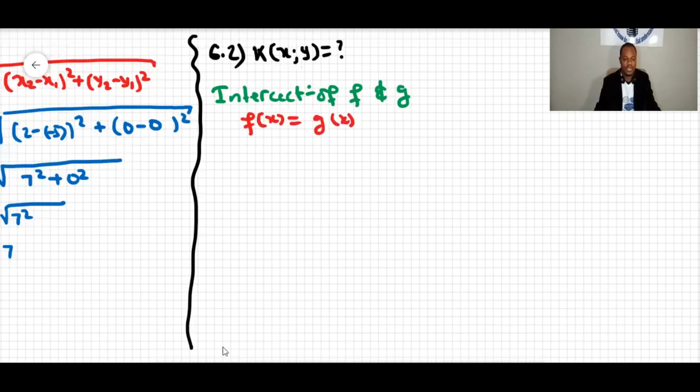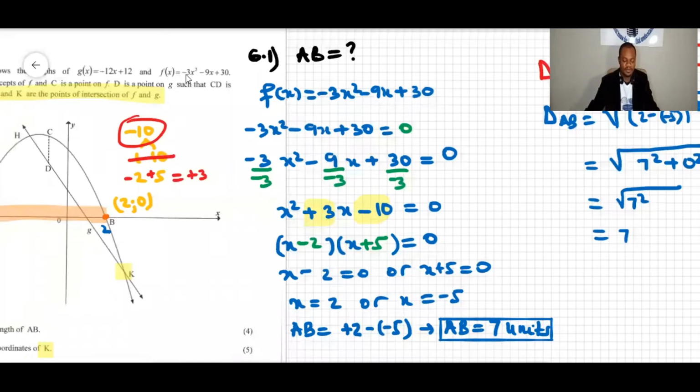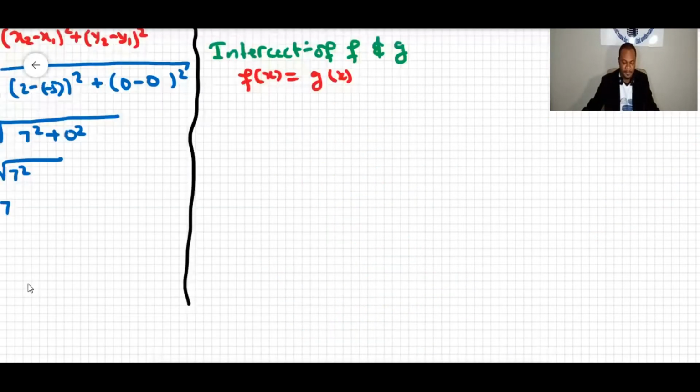We look at the question: g of x is negative 12x plus 12, and then f of x is negative 3x squared minus 9x plus 30. So we're going to equate the two functions. So I'm going to write them here.